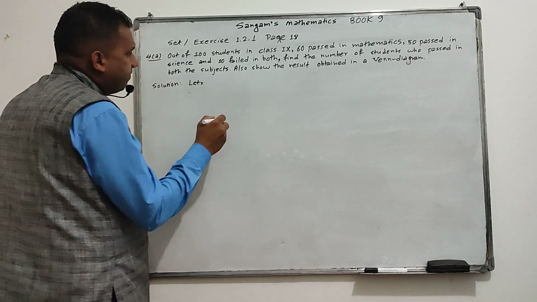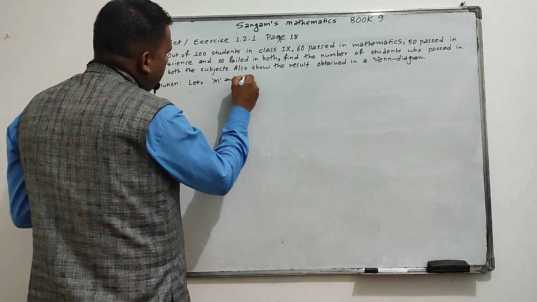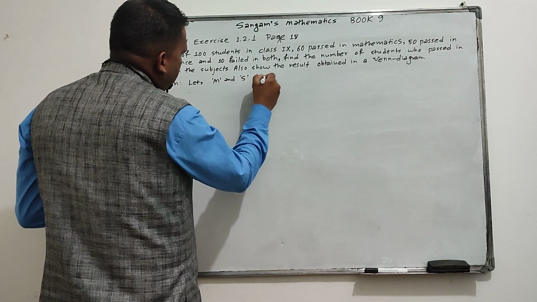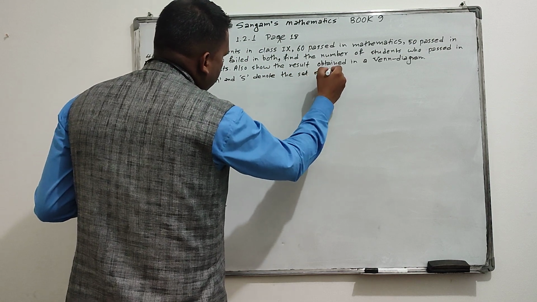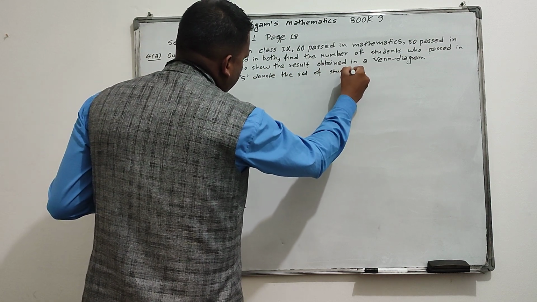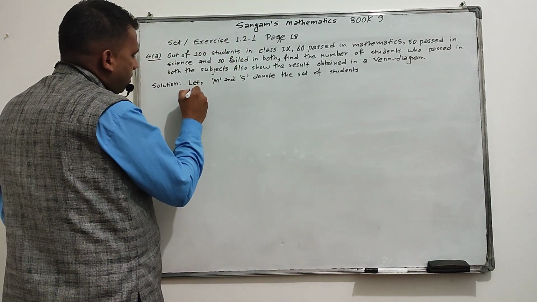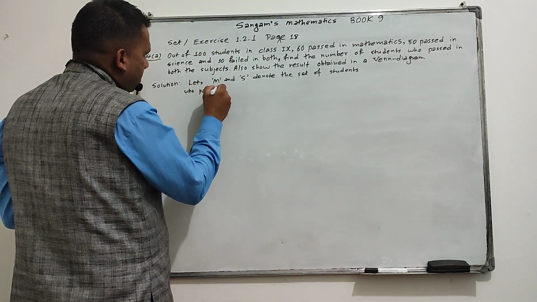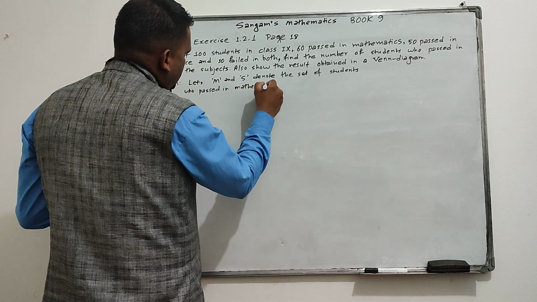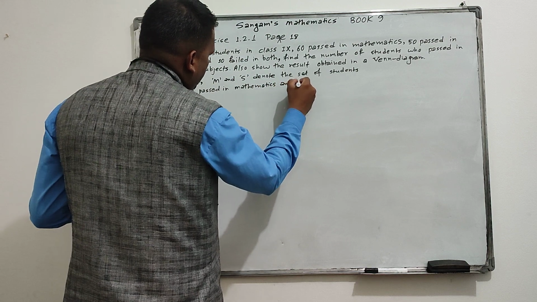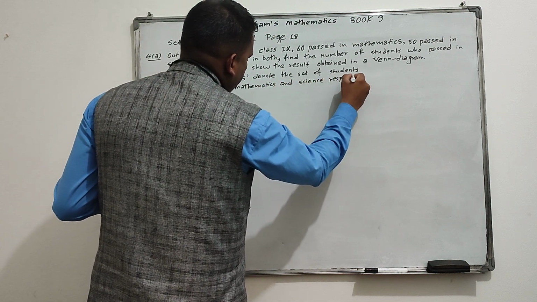Let M and S denote the set of students who pass in mathematics and science respectively.